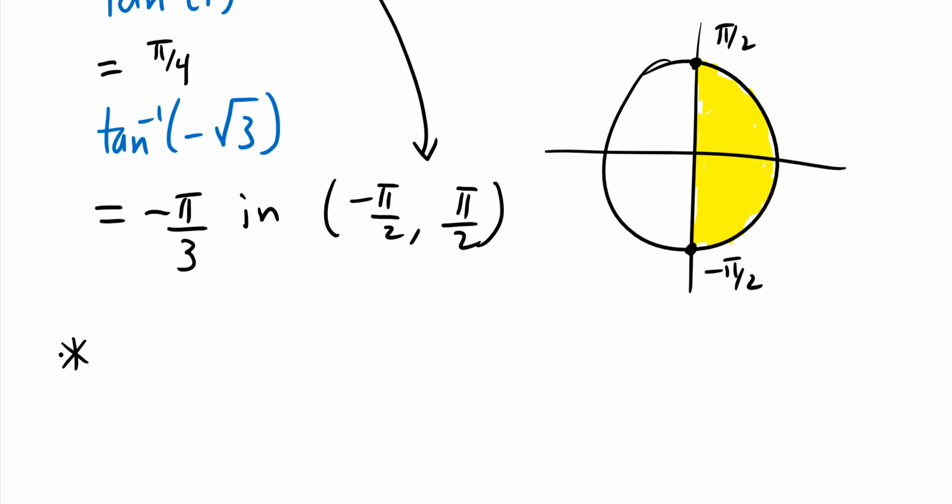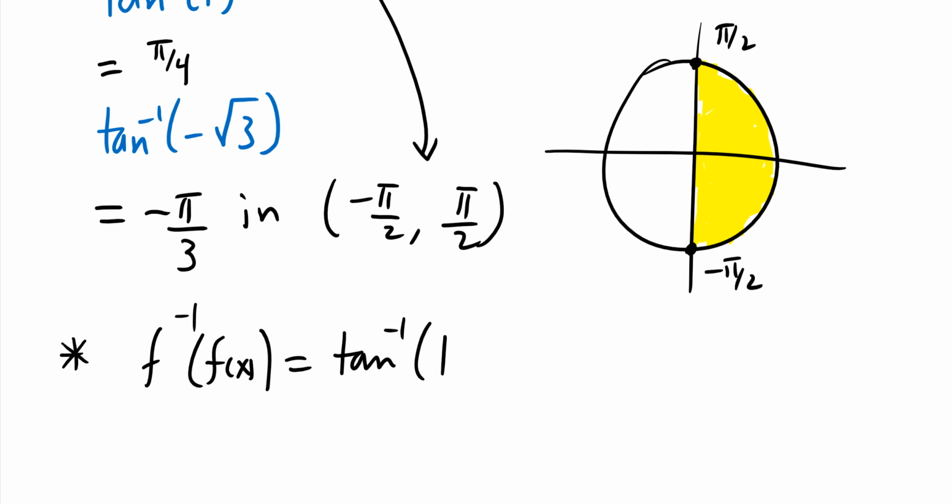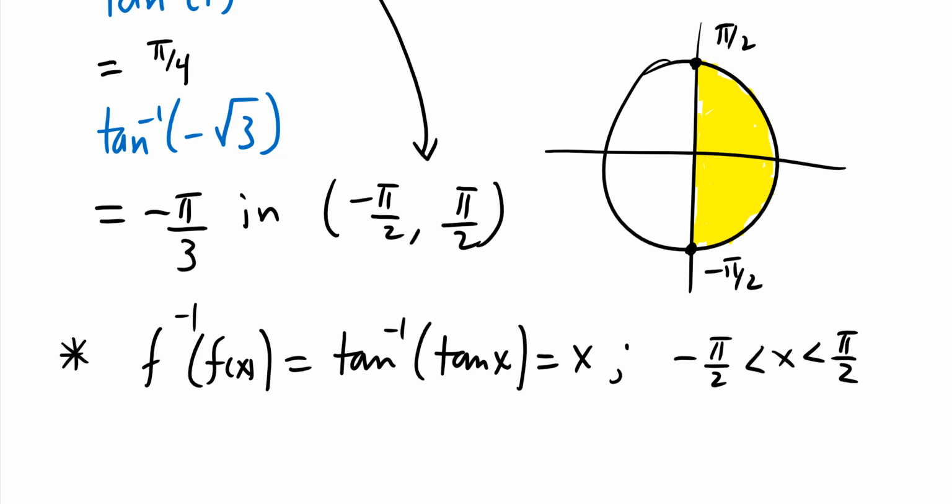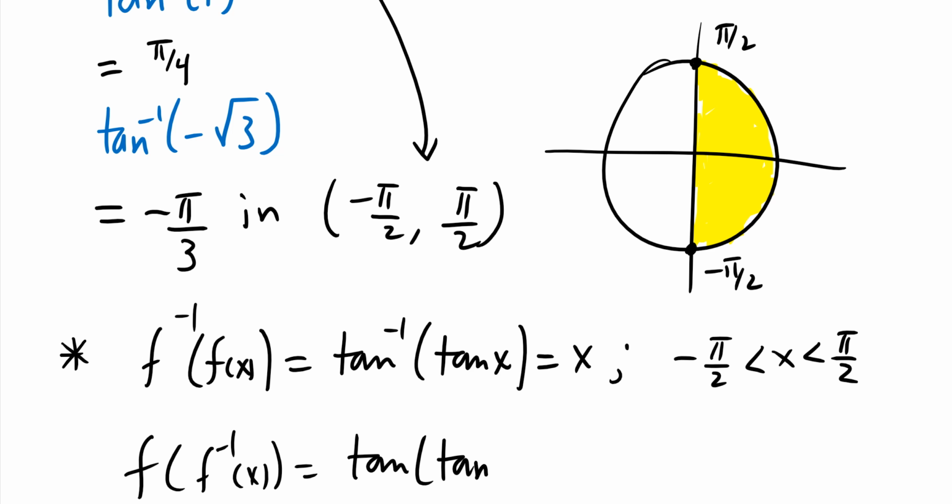Again, keep in mind that f inverse of f of x, which is tan inverse of tan x, equals x, provided that x is from negative pi over 2 to pi over 2, and f of f inverse of x is tangent of tan inverse of x, which is x, provided that x can be anything.